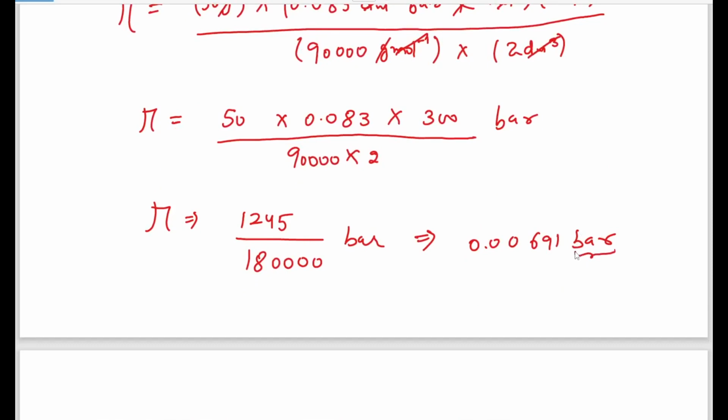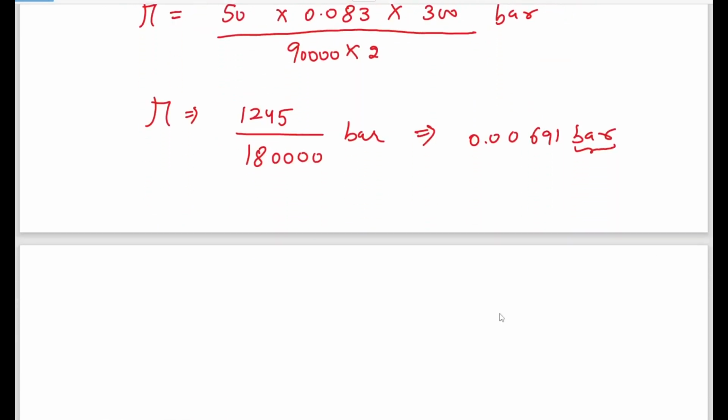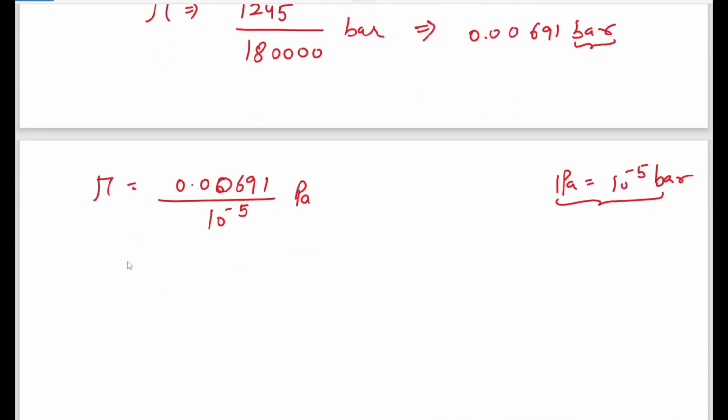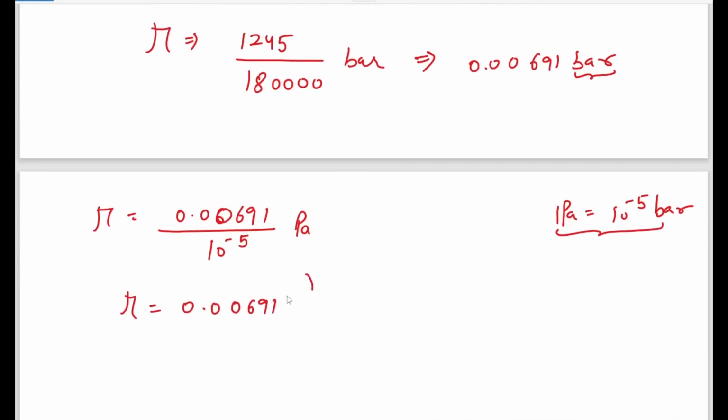So now we have to convert bar to kilopascal, and 1 pascal is equal to 10 raised to power minus 5 bar. So ultimately we have to divide this quantity by 10 raised to power minus 5 to convert it into pascal. This is in pascal.